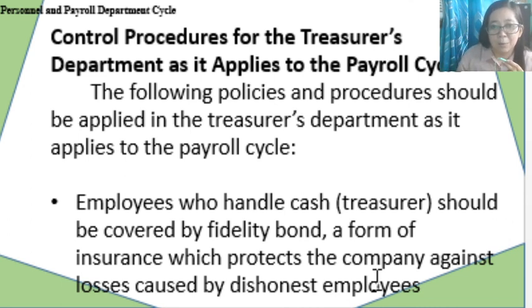Again, the purpose of this is to protect the entity from loss from dishonest employees in case of theft of cash. Okay, so those are the different control procedures for the various departments under the personnel and payroll department cycle.